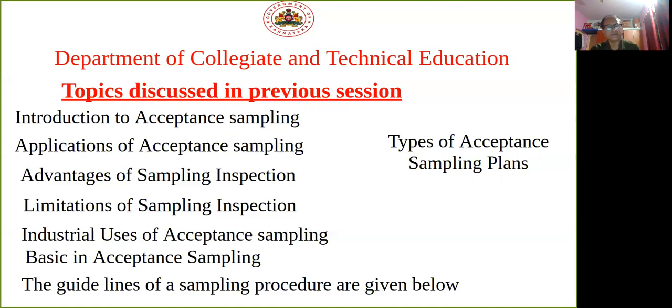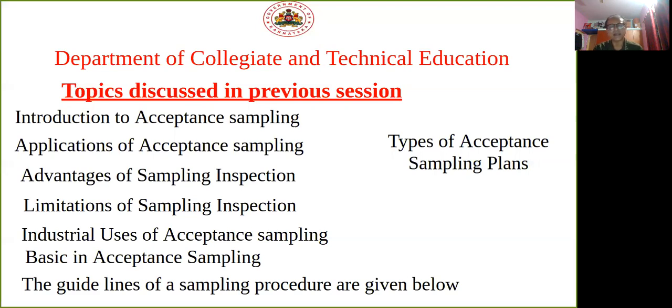Then we studied some advantages and the limitations or disadvantages of acceptance sampling, and how and where the industry uses it. As I've told you, it is used right from the raw material till the end product. I also told you about the basics and the guidelines to be followed while going through the procedure of acceptance sampling, and we studied some of the types of acceptance sampling.